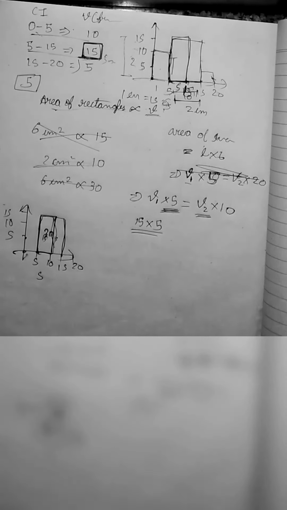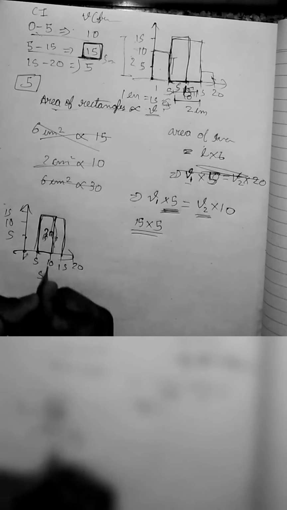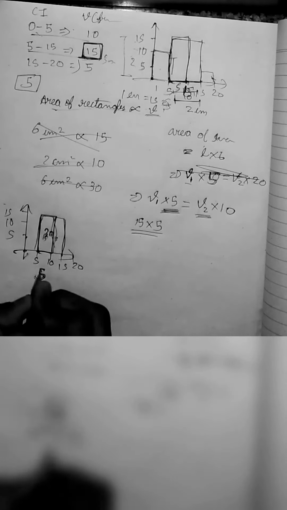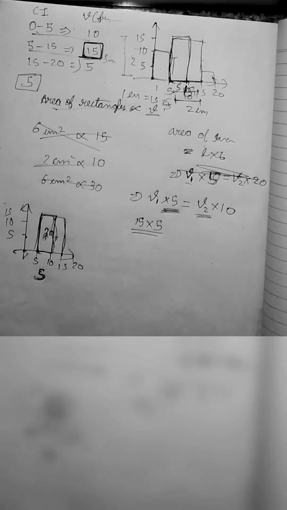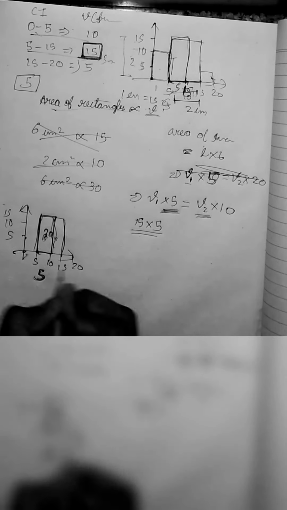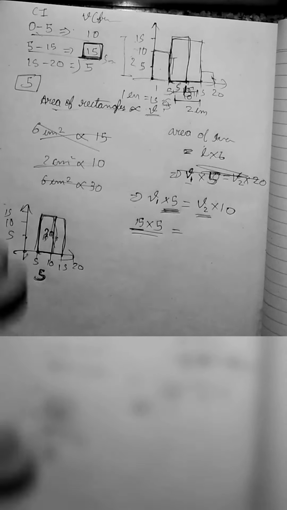So what is the area of rectangle? It will be 15 into 5. Try to understand it: the smallest class size is 5 and the frequency that we have given is 15. So the area of rectangle will be 5 into 15. And what we want is to combine them. So how can we combine?